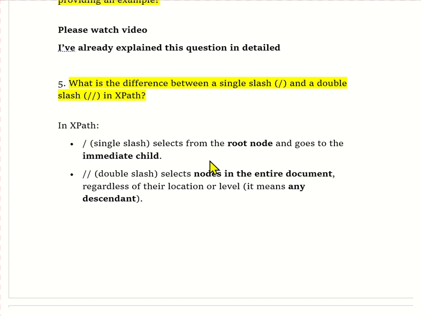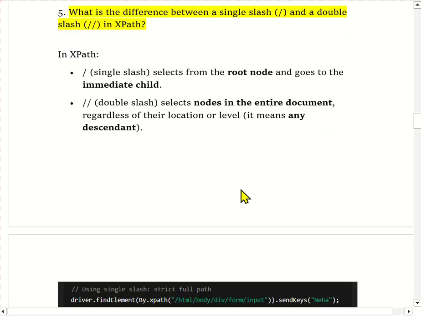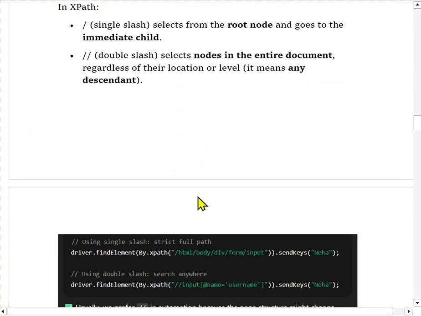So with single slash we have to go from point to point, and with double slash we can find any element from anywhere. A single slash is a fixed path and the double slash is a flexible path.